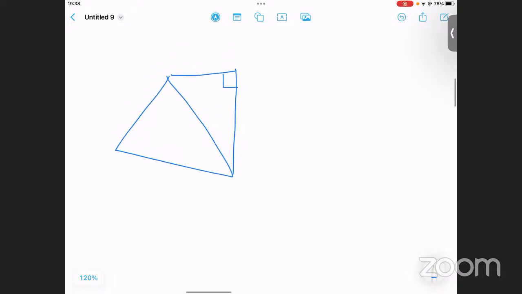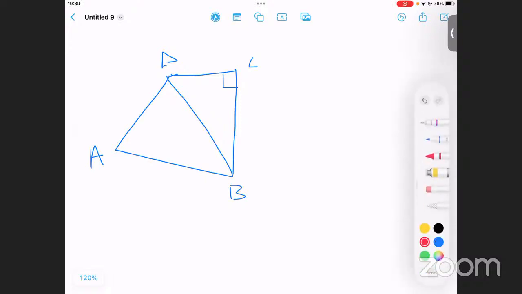Let's say I've got A, B, C, and D. And then I will say this side is 2. That one I will say is that.